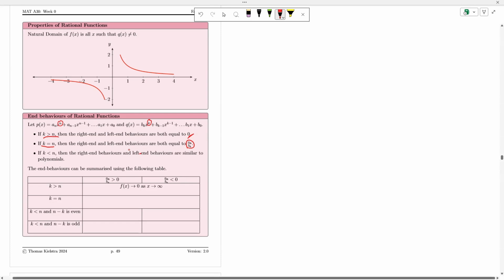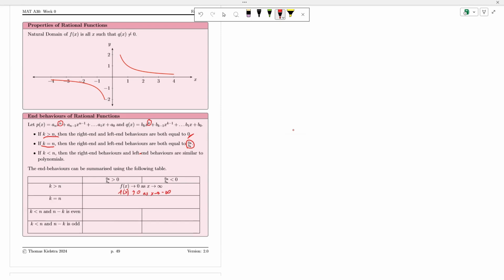And we can summarize their end behaviors using the following chart. First thing, f of x will approach 0 as x approaches infinity, and f of x will also approach 0 as x approaches minus infinity.